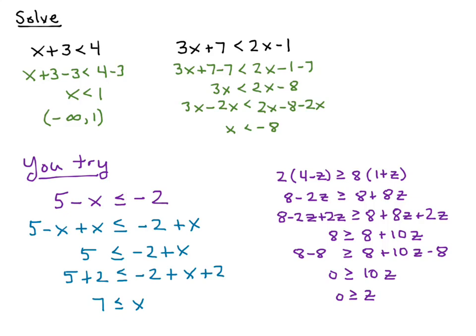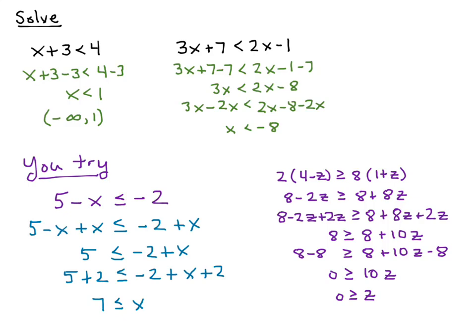Do you want us to write our answers also with brackets and parentheses? If I say, show your answer in interval notation, then you would write it like this. If I say, show your answer in set builder notation, then this particular one would be z such that z is less than or equal to 0.